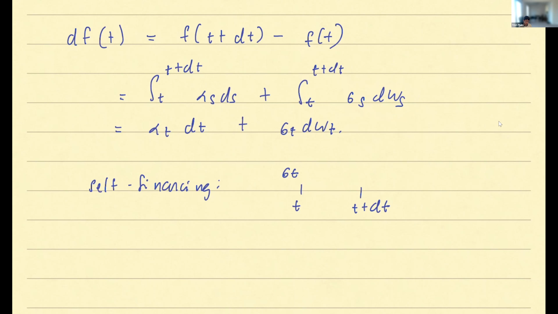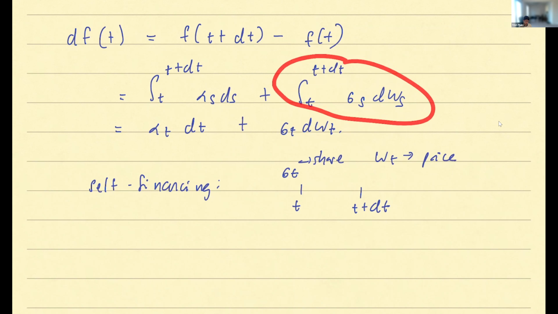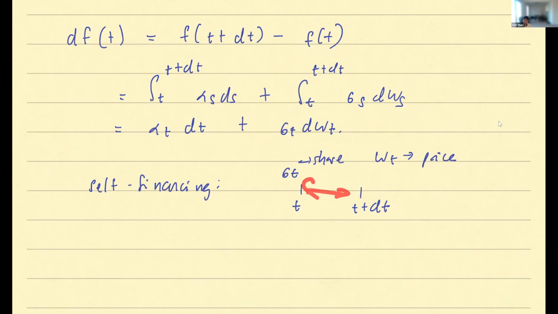In a small time interval, it's going to be just the number of shares times the change in price. So think of sigma as shares, and think of W as the price of the stock. So what I'm trying to say is this integral is captured by this when we are in a very small time context.